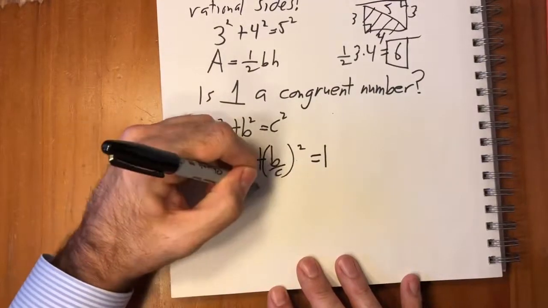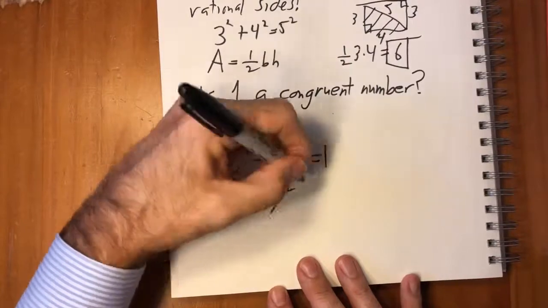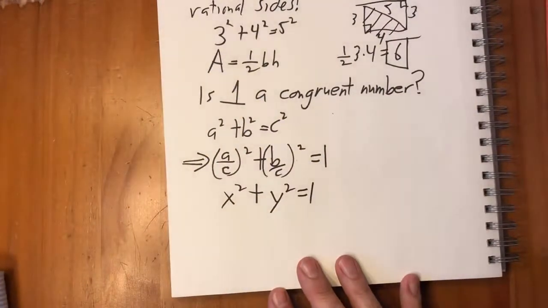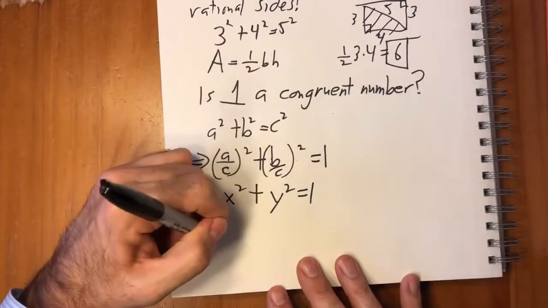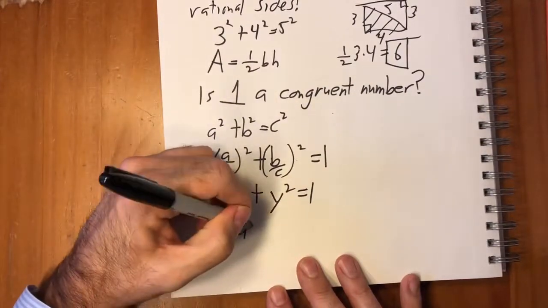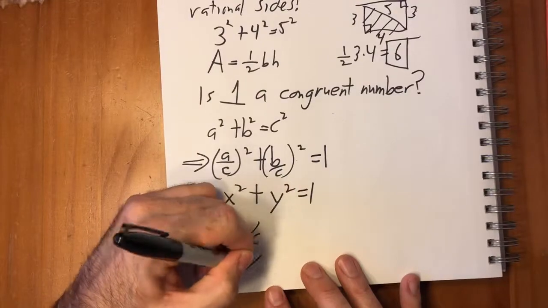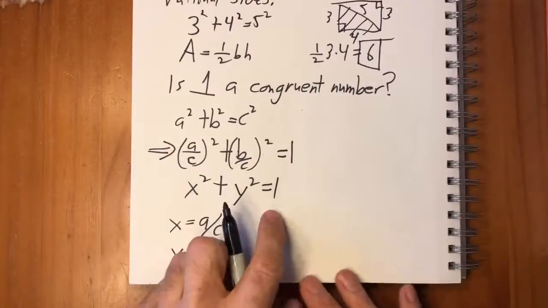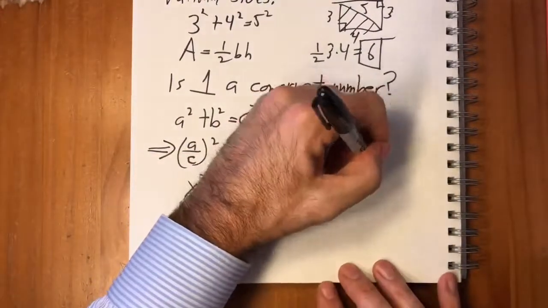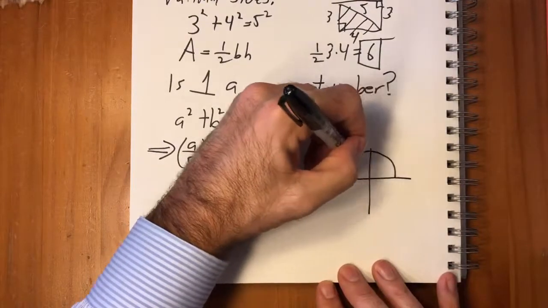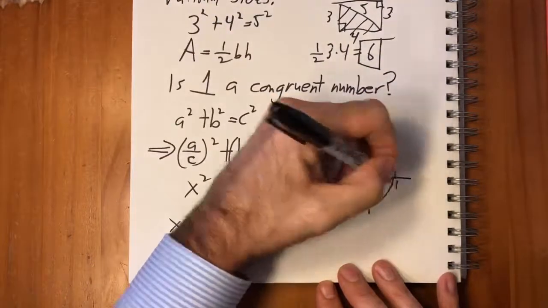That is the equation for a circle, right? With x equals a over c, y equals b over c. And this is the radius squared, so what we have is a unit circle.